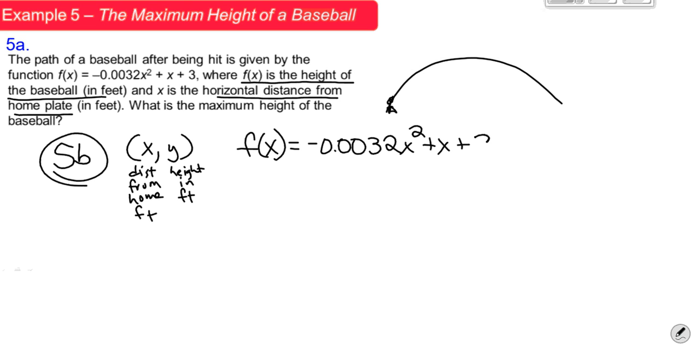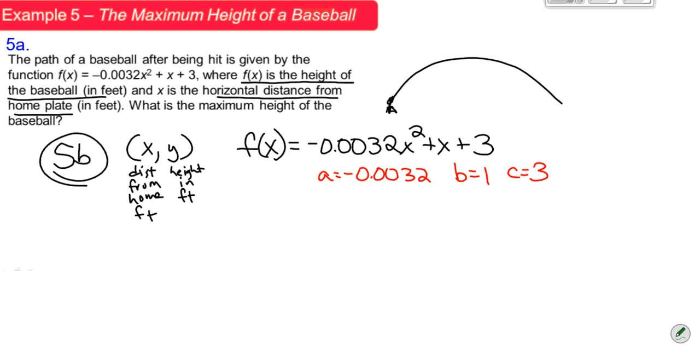So just a reminder, a is this decimal, negative 0.0032. b is 1 and c is 3. And so we know that it's negative, it's a maximum, you know, it's a baseball. We have a lot of familiarity with that as well.